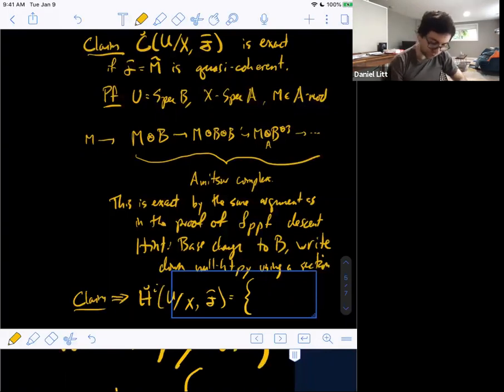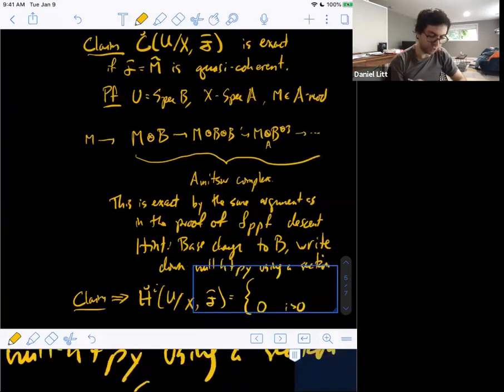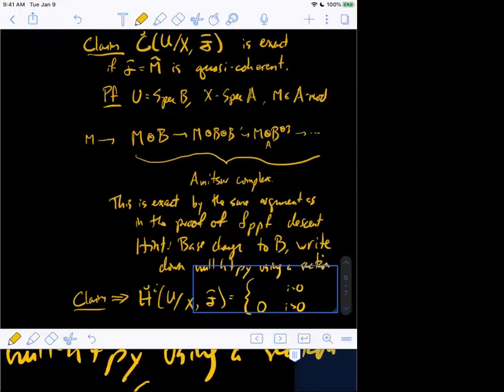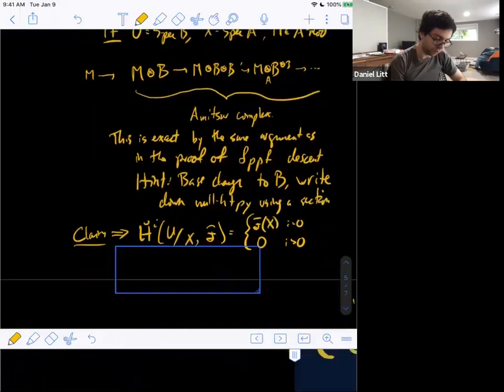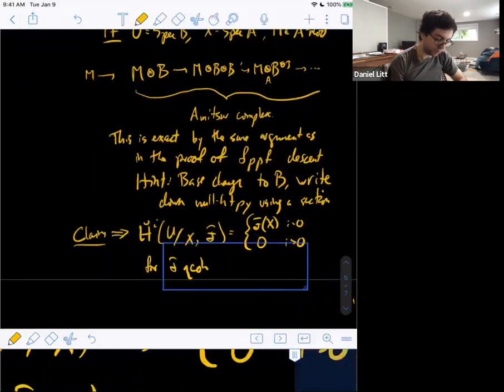So it vanishes away from degree 0. So it's 0 if i is bigger than 0. What is it in degree 0? Global sections. Yeah, so it is what Čech cohomology always is. It's global sections. And this is again for F quasi-coherent and X affine.